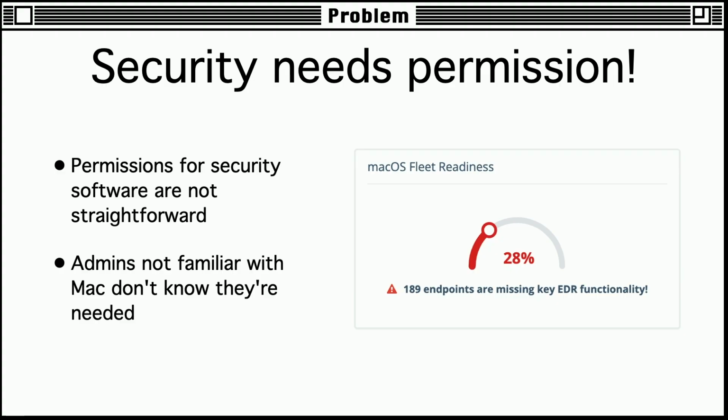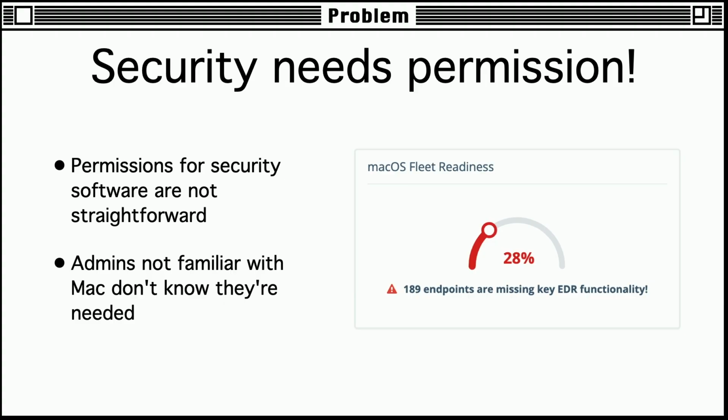So if you're deploying security software of any kind on macOS, it's going to need permission. We're in the age where we aren't in the kernel anymore. Ten years ago, if somebody was writing an antivirus program, and you wanted to be able to do something like block execution of some process, you had to be in the kernel.